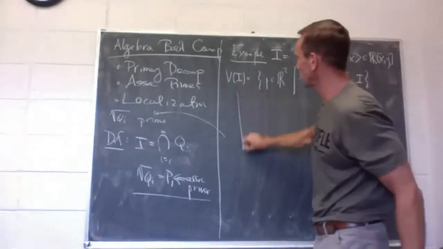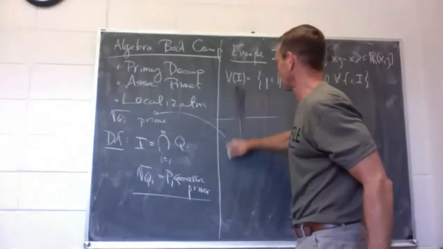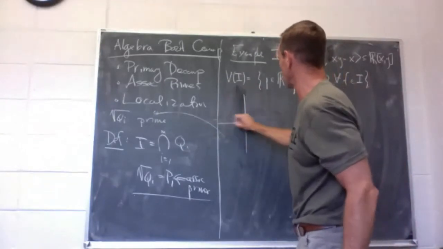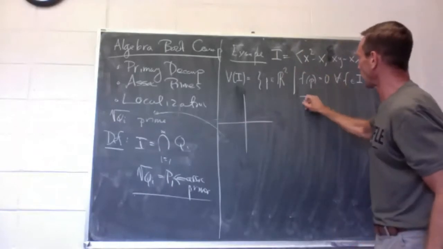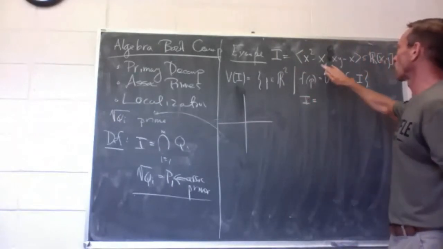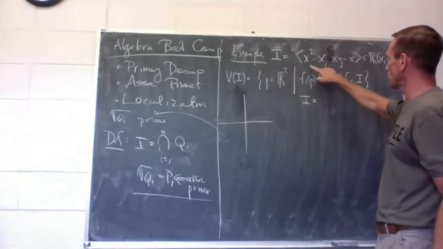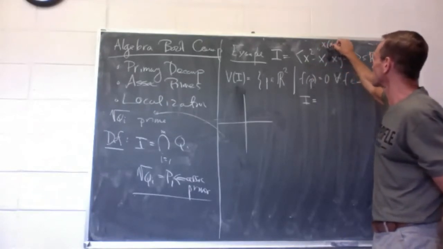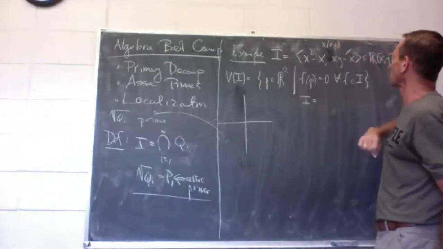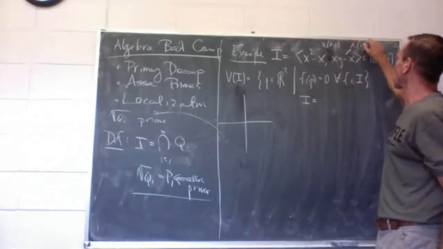So this variety, let's just draw the picture in R2. I can see right away that this is hard to do in general, but for this toy example, this polynomial factors as x times (x minus 1), and this polynomial factors as x times (y minus 1).